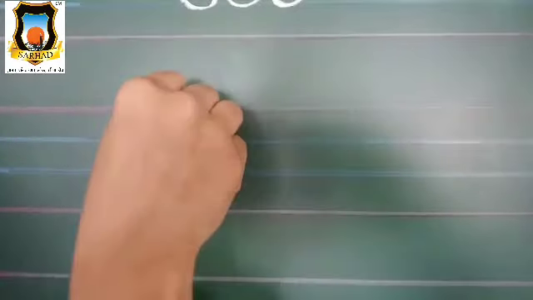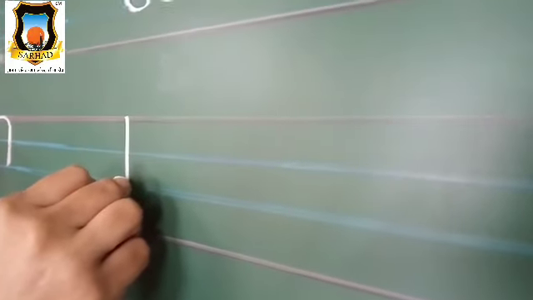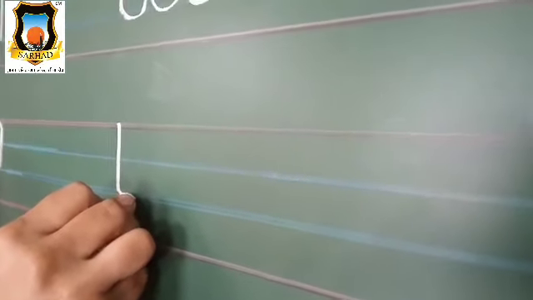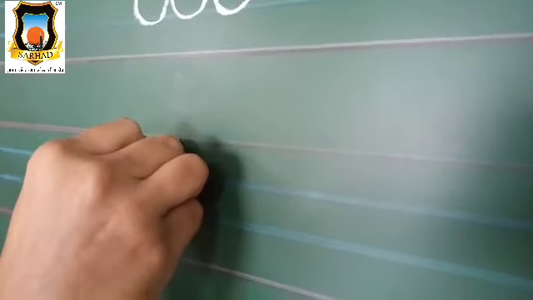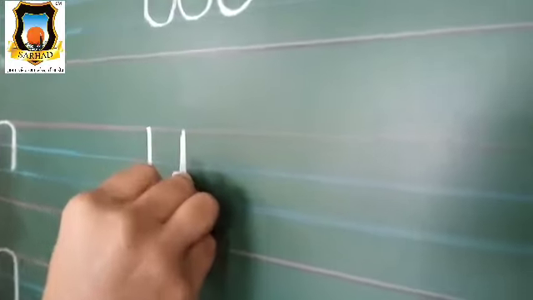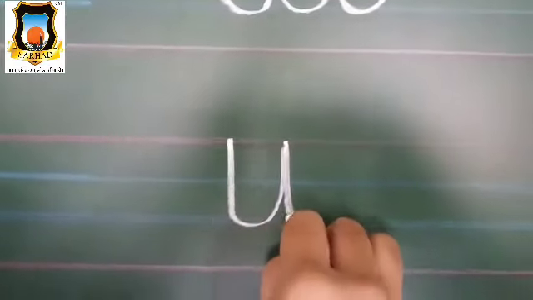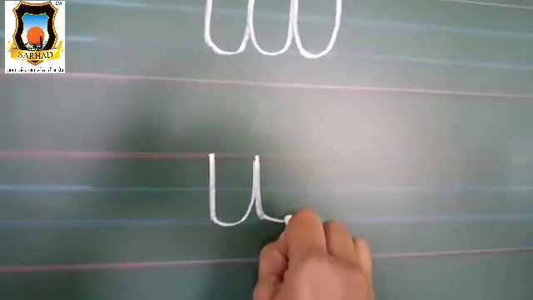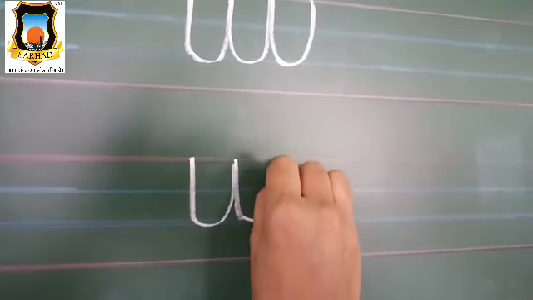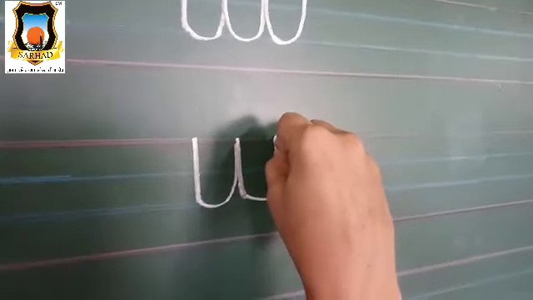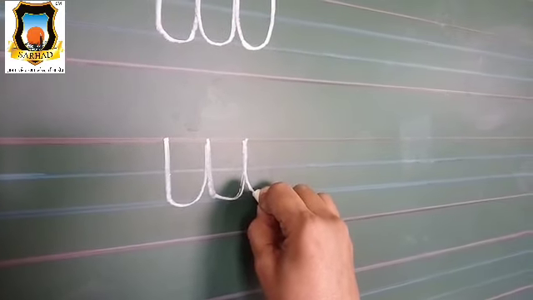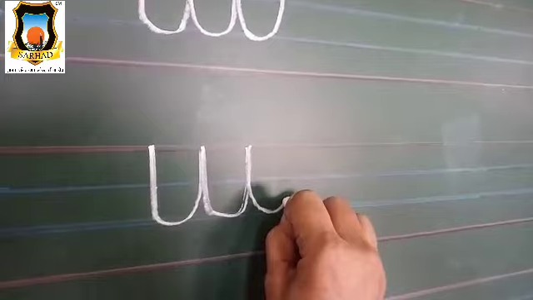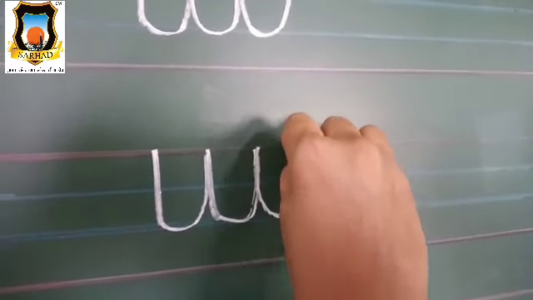Again, from the red line to the blue line, second blue line, draw a bump like this. Again go up, straight, go down on the same line, touch on the blue line, draw a bump, again go straight up, again go down on the same line and draw a bump like this and touch on the red line.